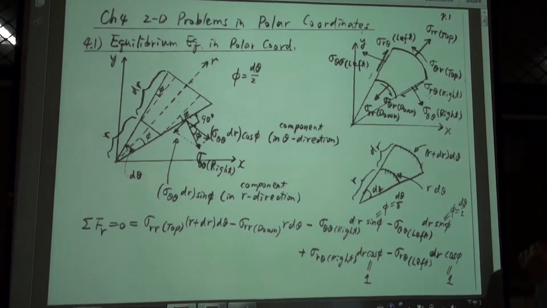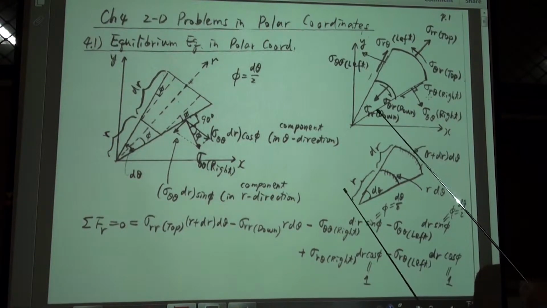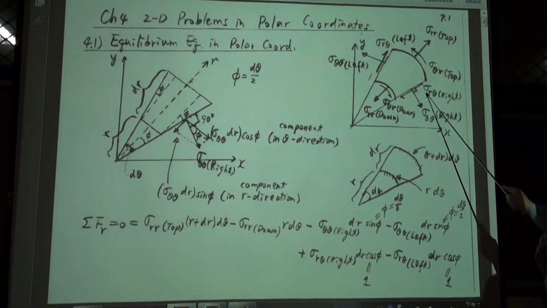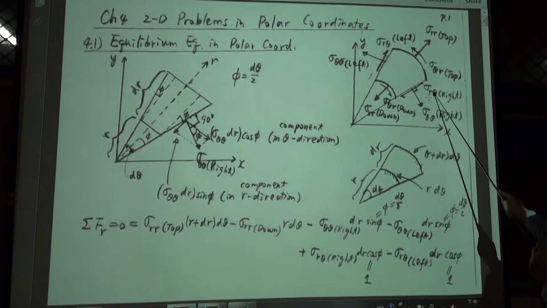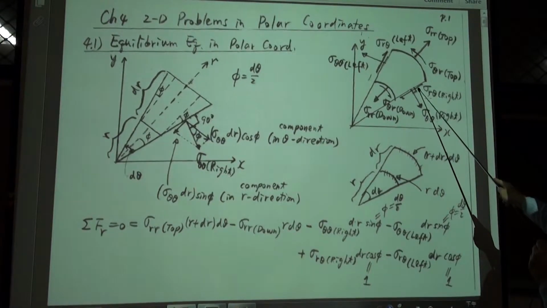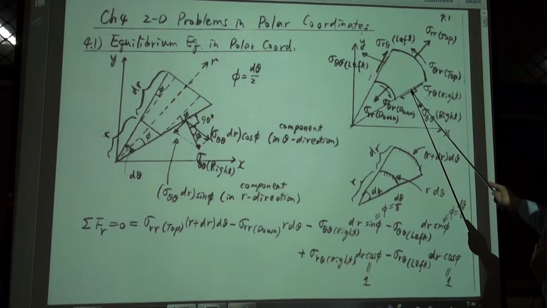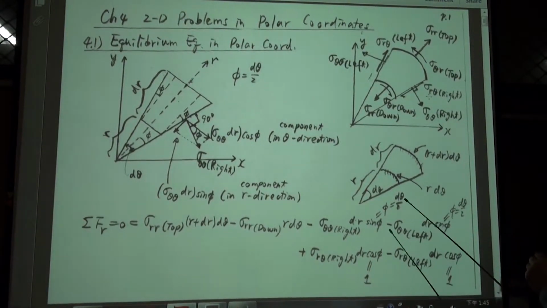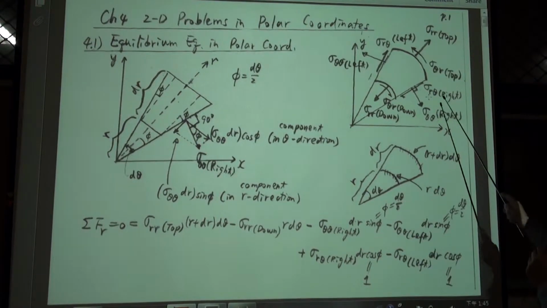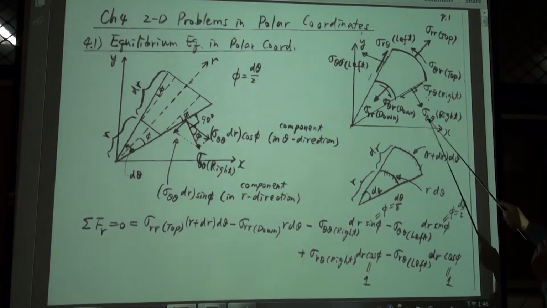Okay. Besides the normal stress in the theta direction, we have the shear stress in the r direction too, right? So this is a shear stress, and this one can also be decomposed into the component in the r direction and theta direction. And the formula is easy, since sigma r theta is perpendicular to sigma theta, right?